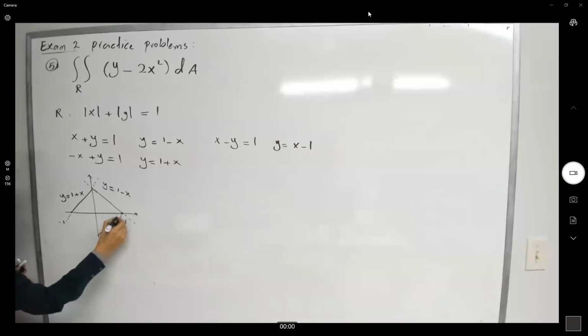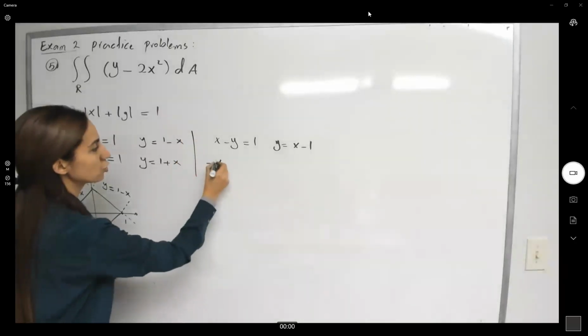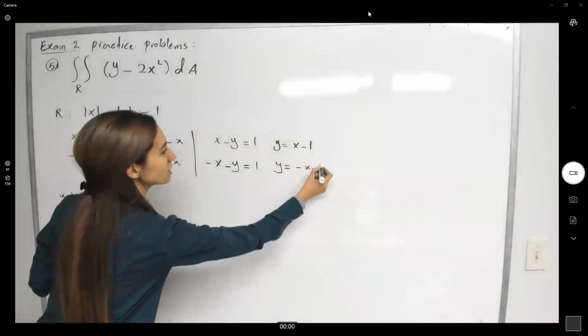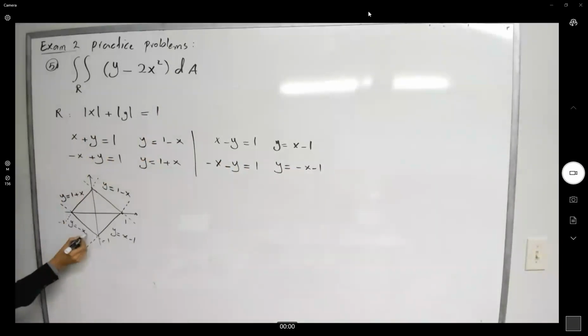So this is this line segment here. This is y equals x minus 1. Now, for y to be negative and x to be negative, y is negative x minus 1, which is this piece here. y is negative x minus 1.